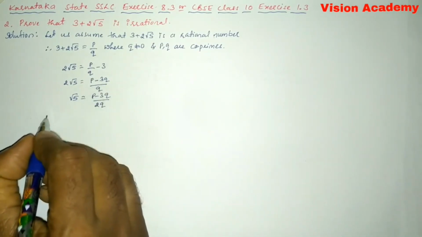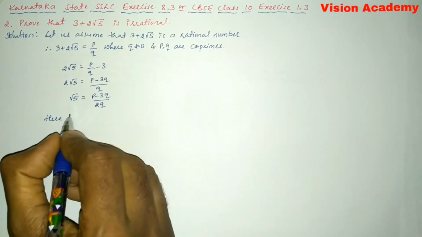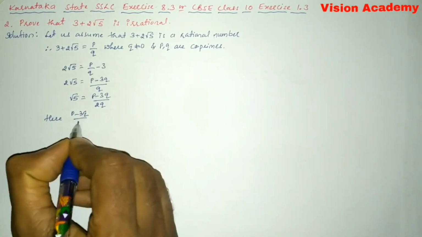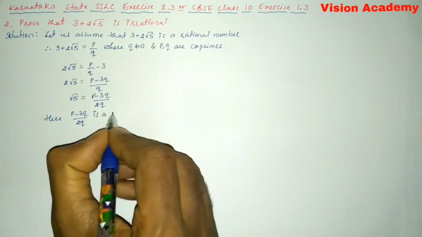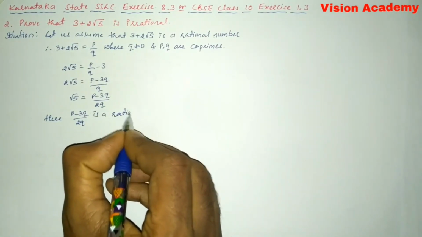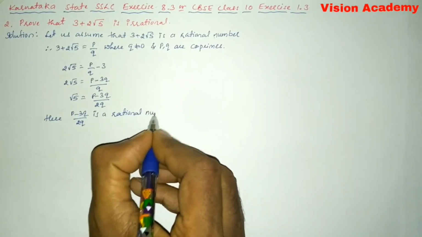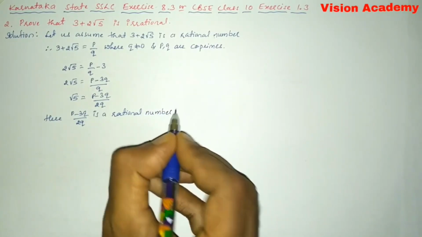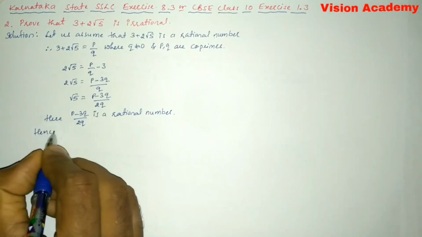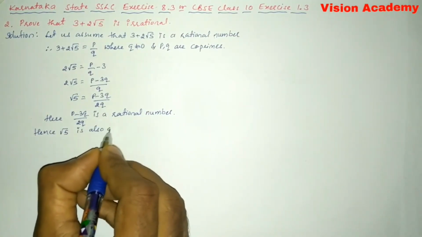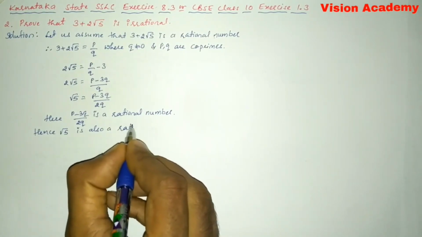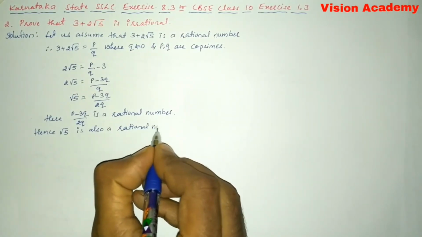Now here we can say that p minus 3q divided by 2q is a rational number. Hence square root of 5 is also a rational number.